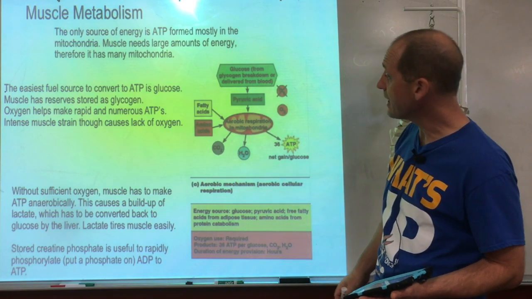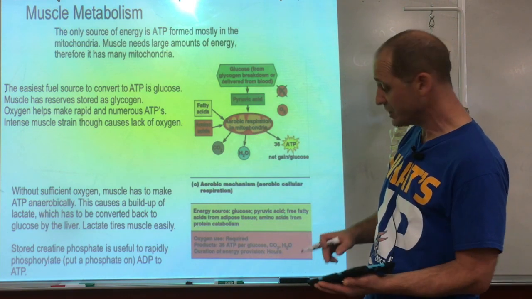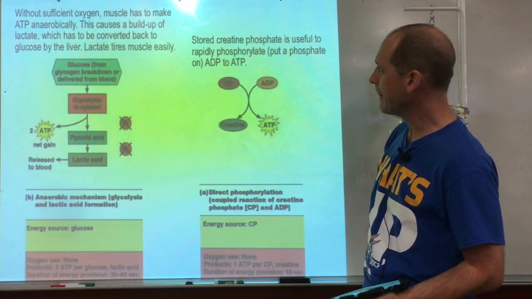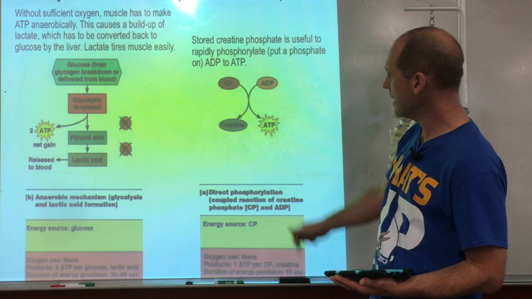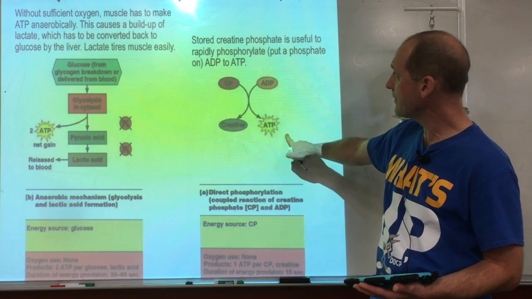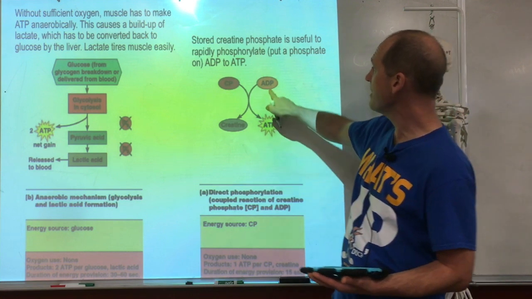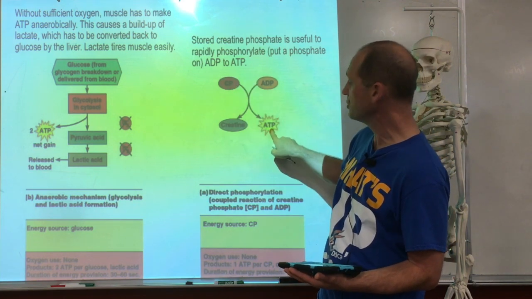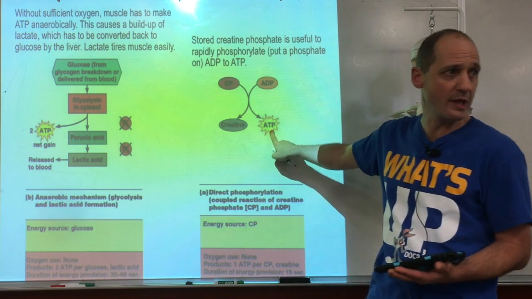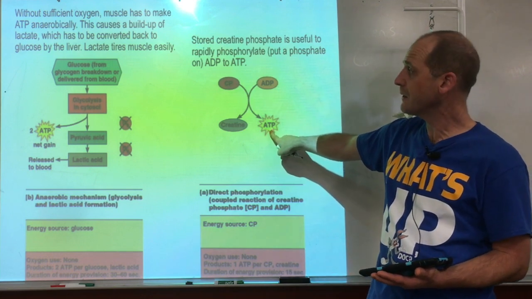And so that's where we get the creatine phosphate energy from. And that's right here. The creatine phosphate takes the P from the CP over and puts it to the third P over here. That's basically what that's supposed to look like. So that's what that is.